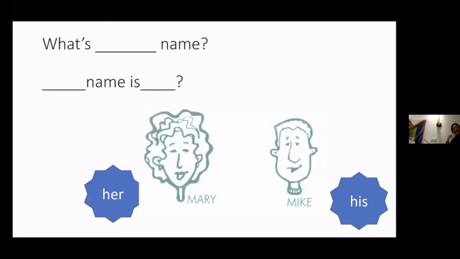I'll say it for Mike, right? Yeah, and then the same for Mike. Or do I need to have that conversation now? Yeah, have it with somebody else. Okay, so first question. Mary, is she feminine or masculine? Larissa.